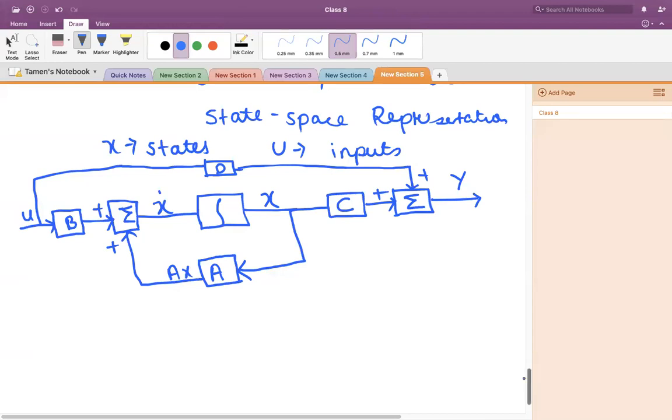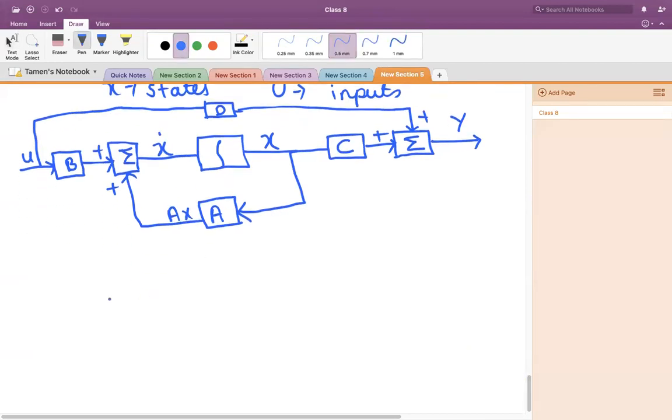Now I'll show you the circuit. Suppose a circuit is there.